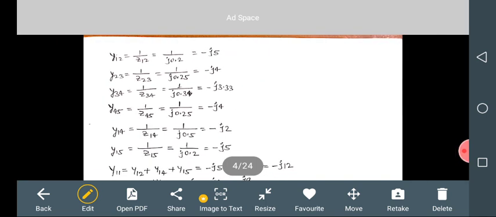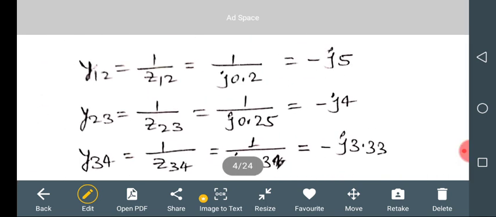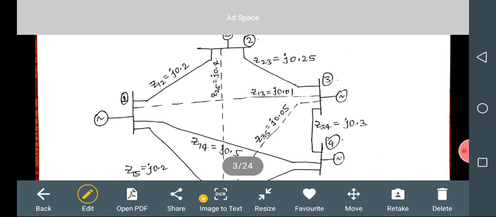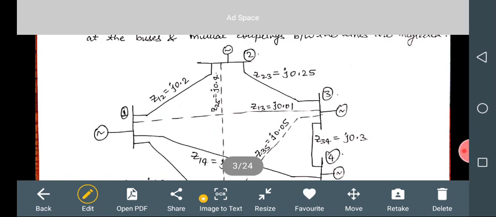Y23, similarly, what is Y23? Y23 is equal to admittance value connected between bus number 2 and 3. So come to the network. This is our power system network. Here we have mentioned Z23. The question gives Z23, that is the line impedance or series impedance value connected between 2 and 3.